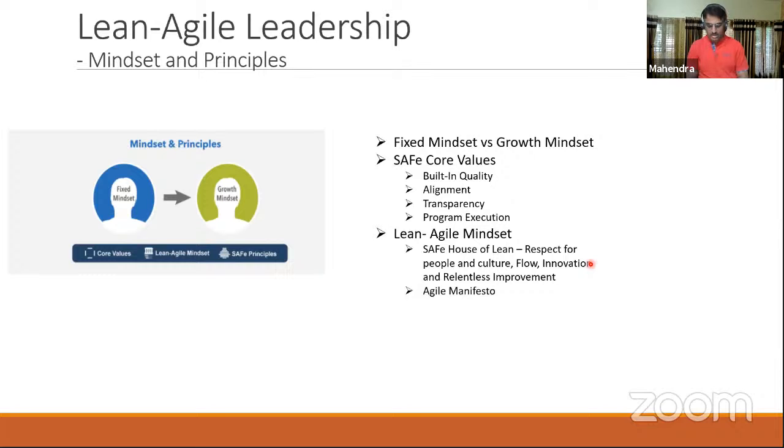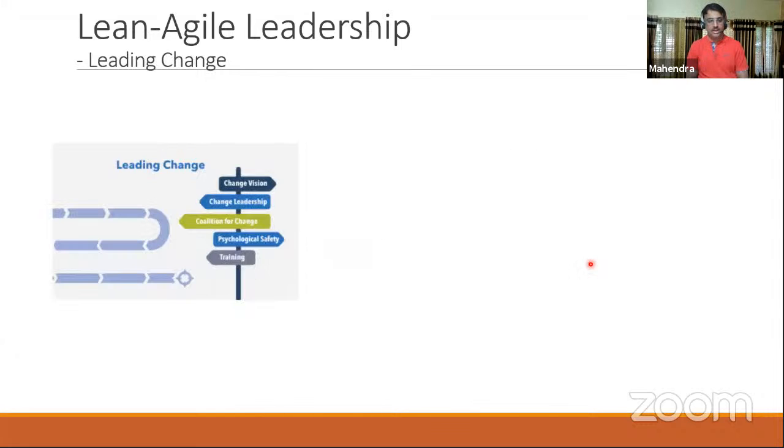So the leaders need to have this lean and agile mindset. And of course, there are 10 SAFe principles, which we'll talk about in the subsequent session. They need to really understand these SAFe principles.